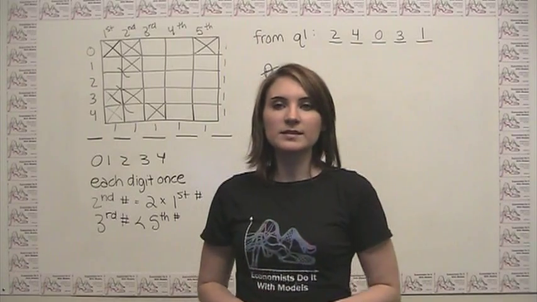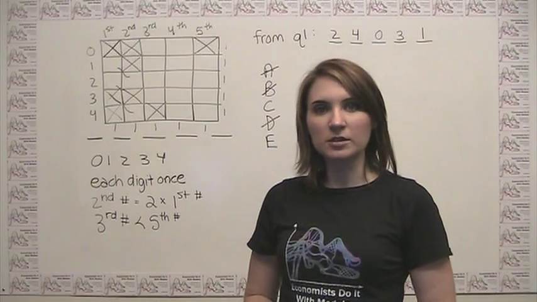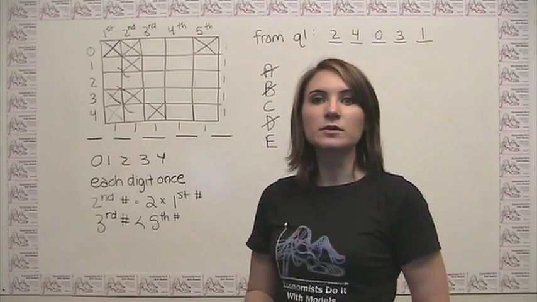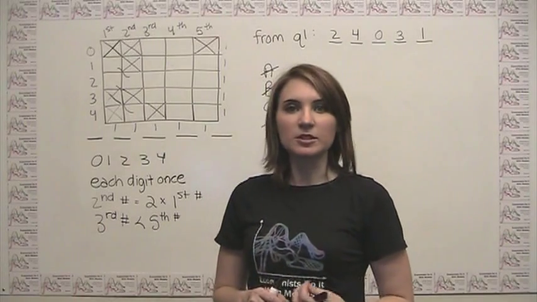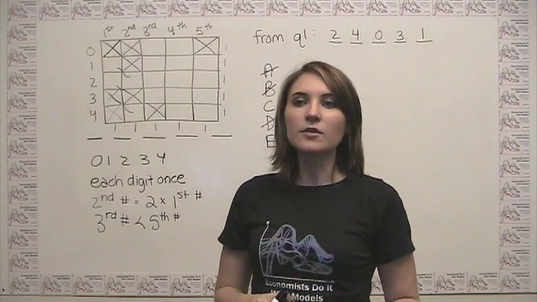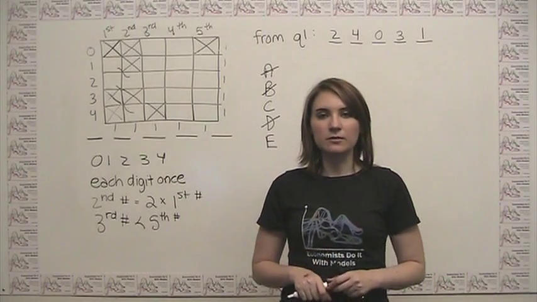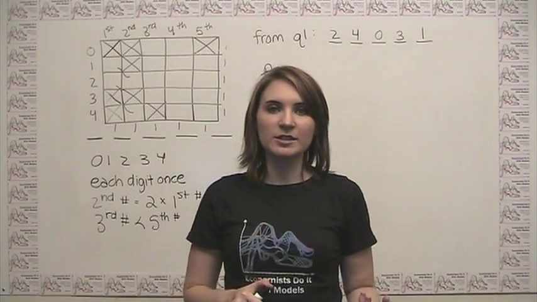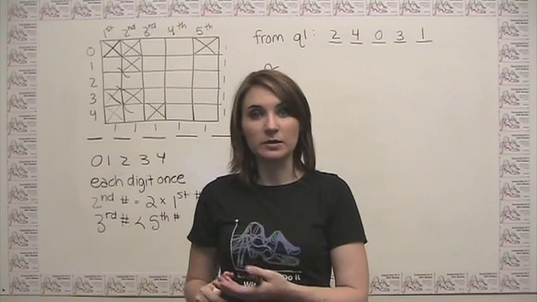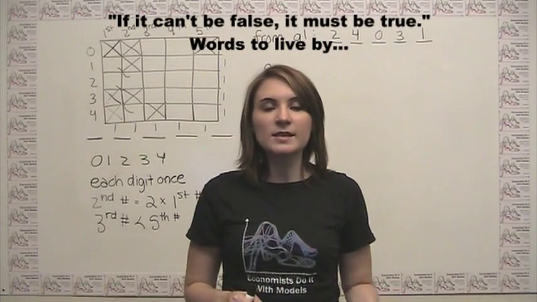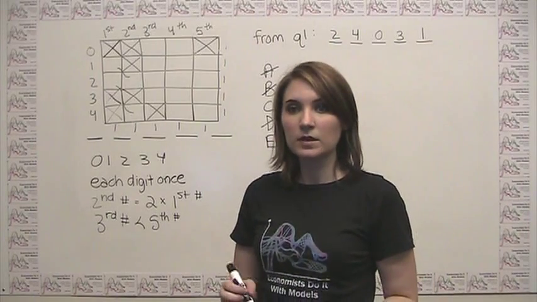For example, we can test whether the statement, the digit 2 appears in some position before the digit 3, has to be true by trying to make it false and seeing whether or not we reach a contradiction. In other words, if we try to put the digit 2 after the digit 3, and we have no possible combinations that work, then we know that in fact the digit 2 has to come before the digit 3. So let's test answer choice C via that method and let's see what happens.